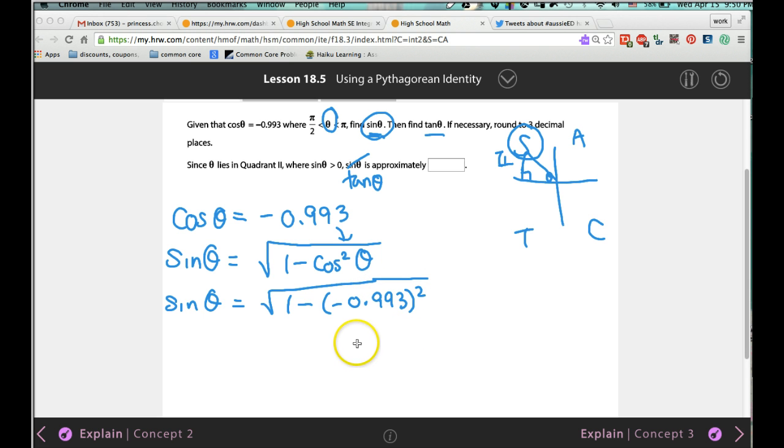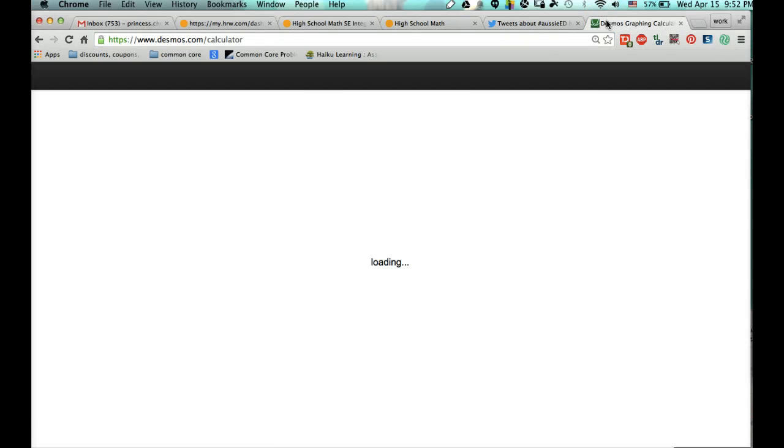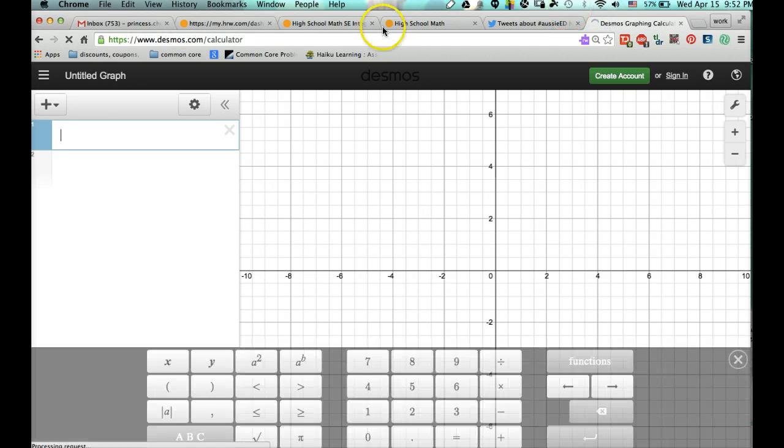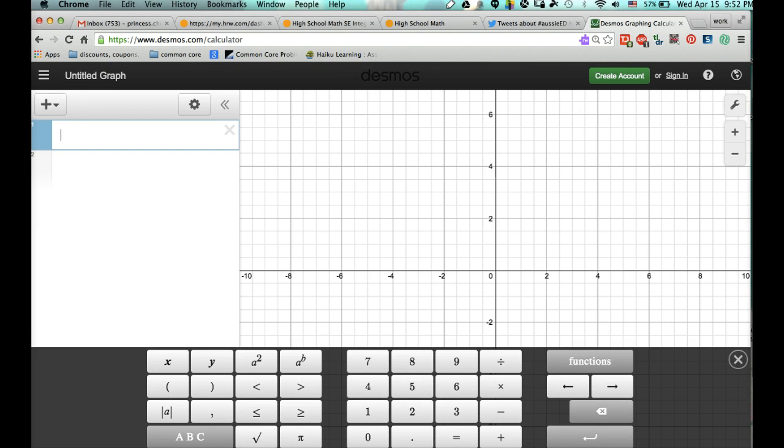And then I told you to go to Desmos and plug that number in, right? And so in case you forgot, I'm going to go ahead and show you how to do it one more time. Okay, so obviously you go to Desmos first. And then I said do not put in the y, start off with the square root, right?